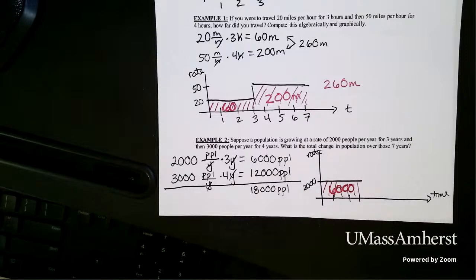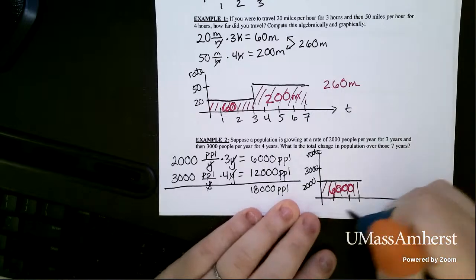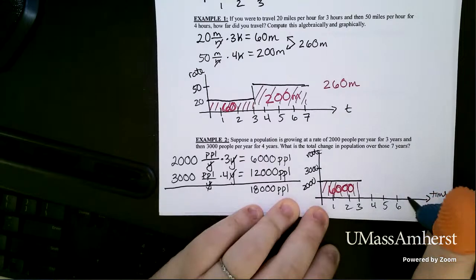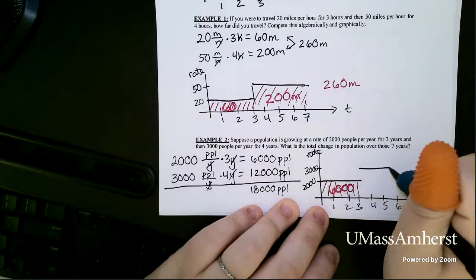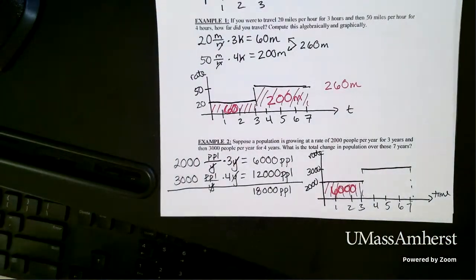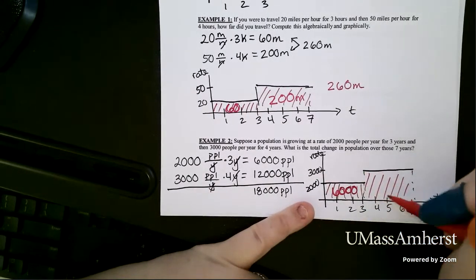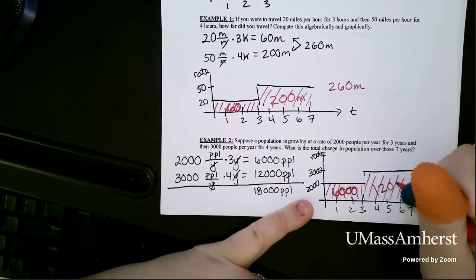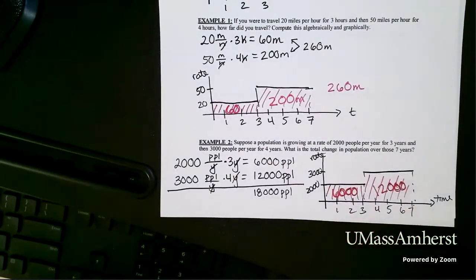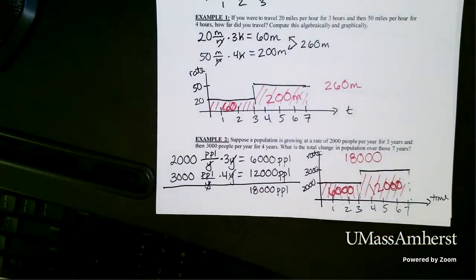And then after that, we have 3,000 people per year for the next 4 years. So up here. Again, the area under the line, we have 3,000 times 4. That gives us that 12,000 people. So we would add the 6,000 plus the 12,000, and we would get a total of 18,000.